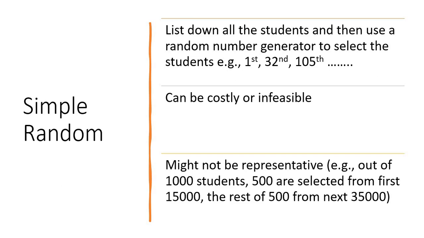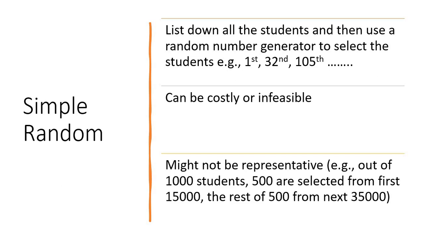Random number generator might suggest that we should select, say, first, 32nd, 105th, 320th student, and then we will go to those students even if it is not convenient.